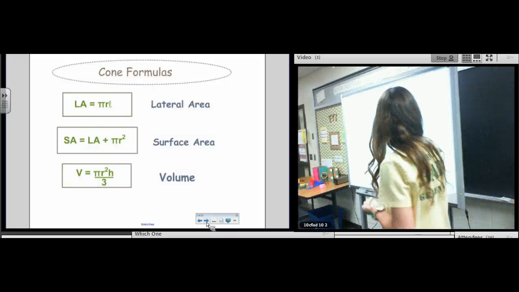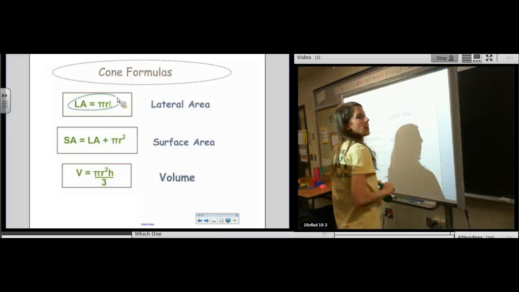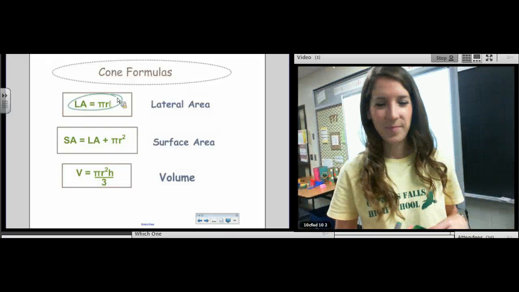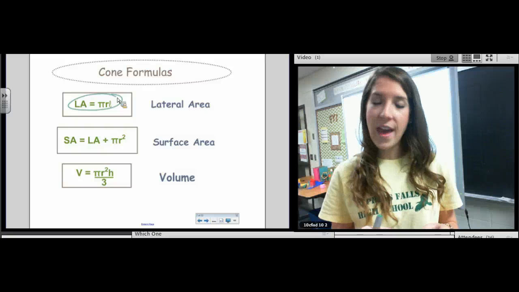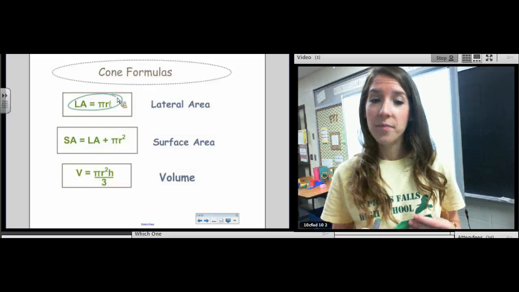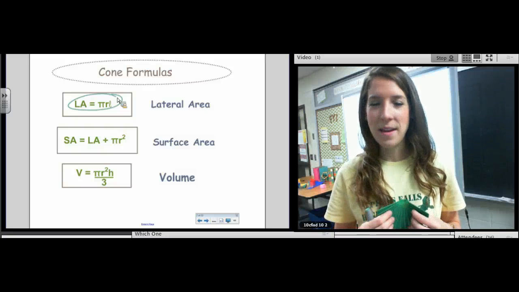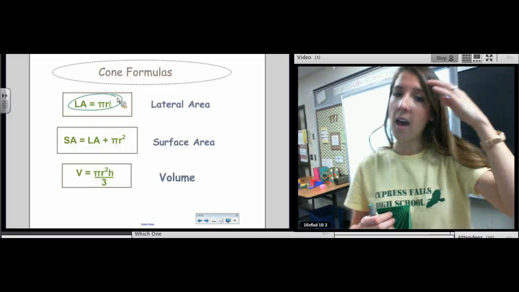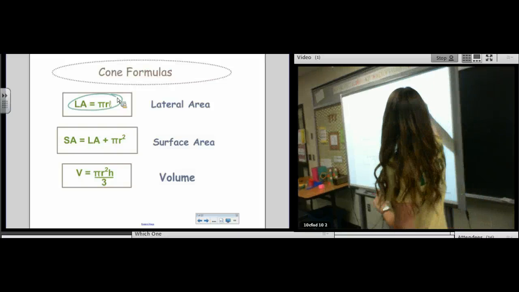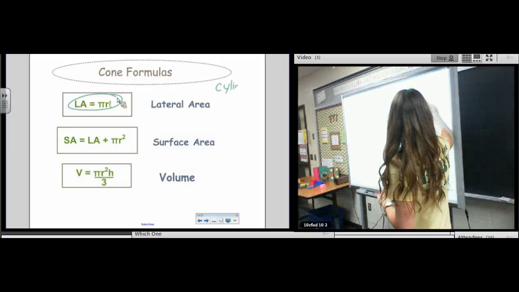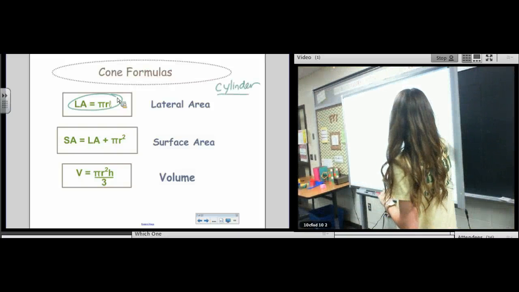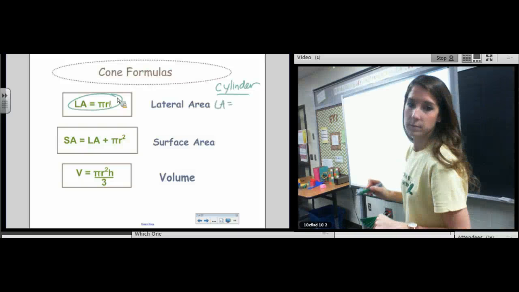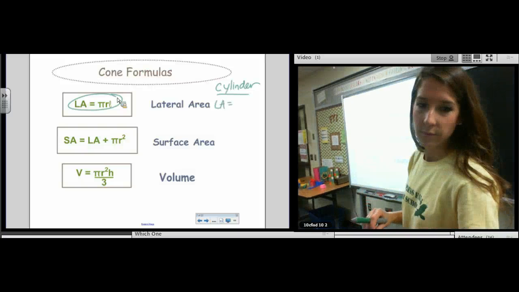Do you want me to show you why this formula is this formula, or do you care? What's the formula for the LA of a cylinder?